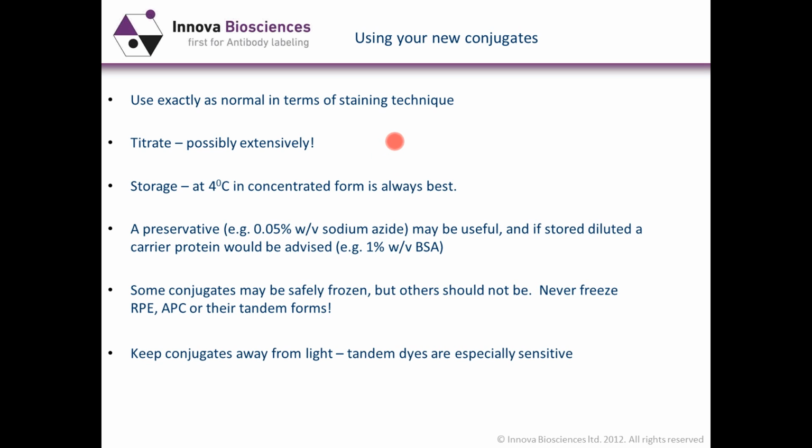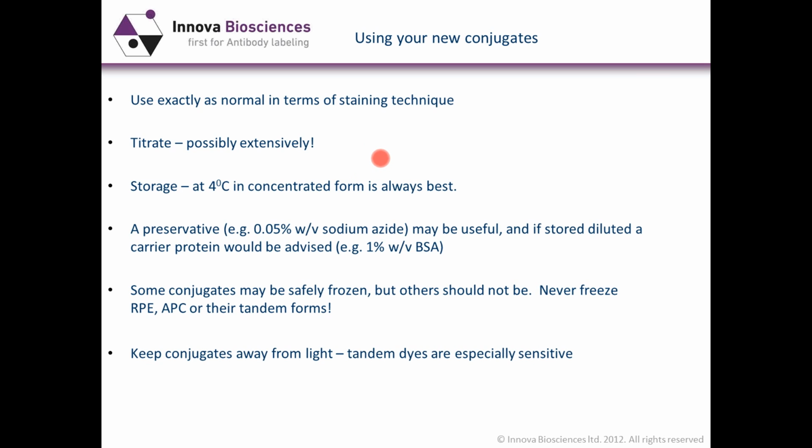That's a very high concentration of antibody for use in immunoassay, where antibodies would normally be used perhaps at 1 to 10 micrograms per mil. So you will need to test your antibody at a range of dilutions to make sure that you get the best positive staining whilst minimizing any non-specific staining simply because you have high concentrations of antibody.